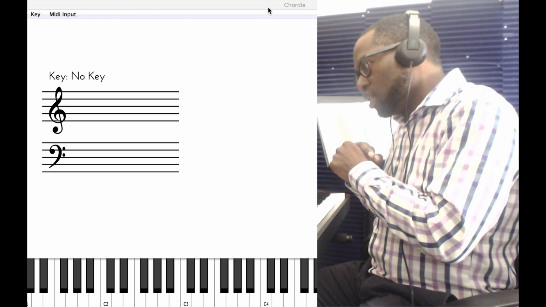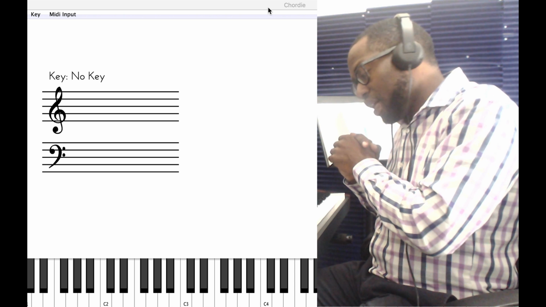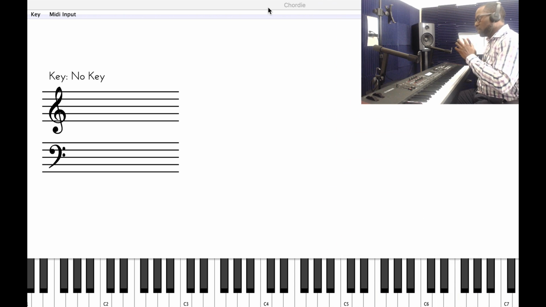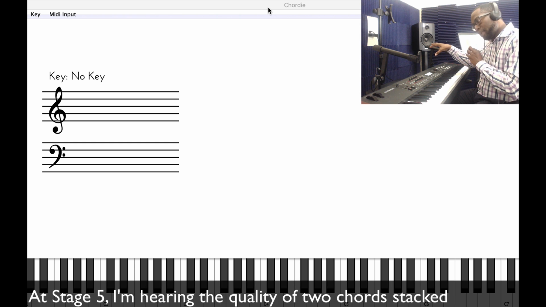So in the 5th stage, you could have heard it as a polychord. The way I'm using this is to hear, I'm doing ear teaching now, because this chord does have a name. It's a sus chord. However, the ear could hear that it's a minor chord with the right hand, minor seventh.